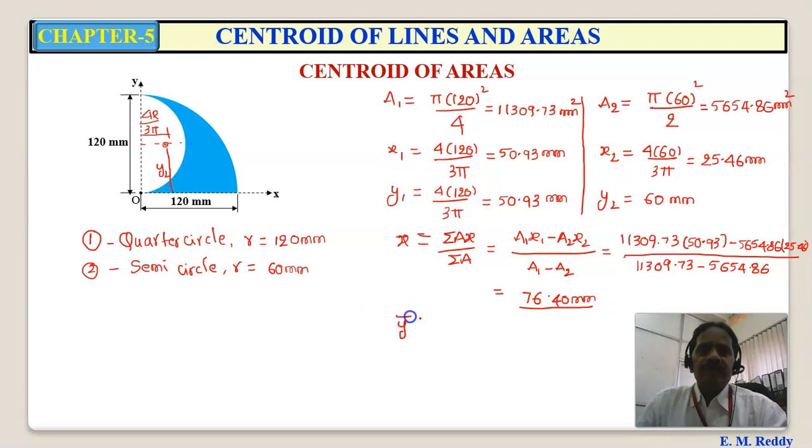Now Y bar, summation AY upon summation A, that is A1 Y1 minus A2 Y2 upon A1 minus A2.